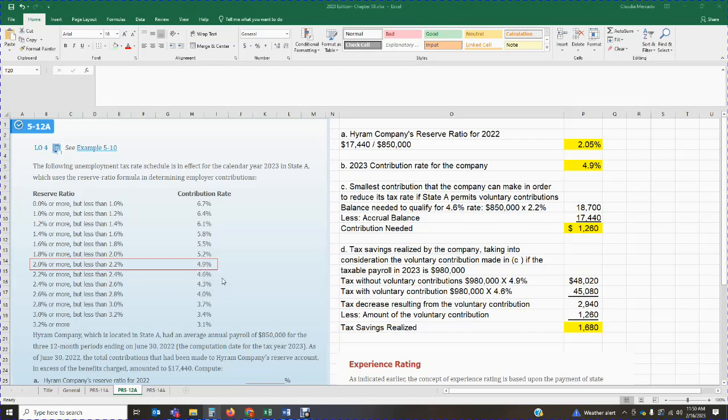Then you have to figure out, does it make sense? Am I going to have any actual tax savings by doing this? In this case, yes, we're going to have tax savings of $1,680, already deducting that additional voluntary contribution. So that is problem 512A for you.